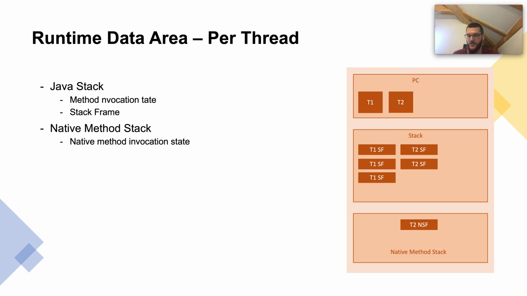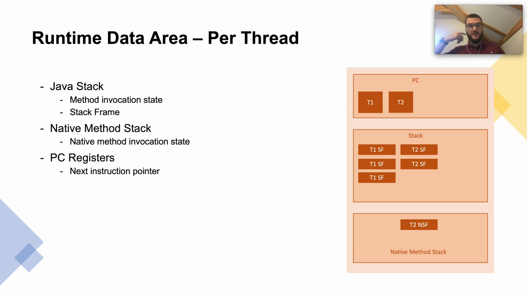Some JVM implementations have the same stack for managed and native stacks, and then they are using something called stack unwinding, which is used to link all the different frames. Different frames meaning managed and native stack frames.